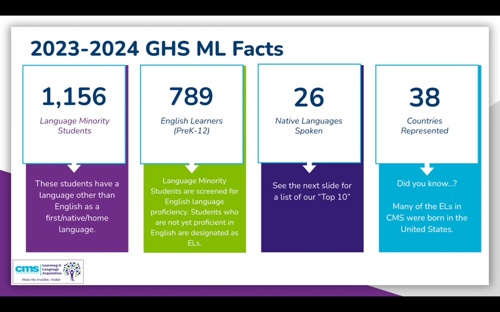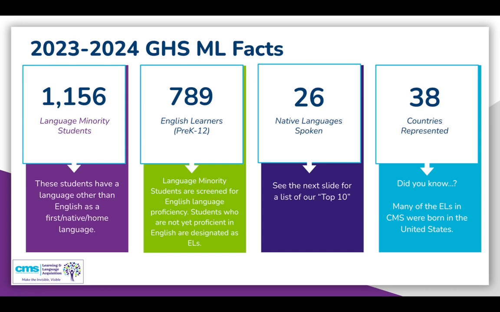So on the screen, you can see our current ML learner facts. We are steadily increasing our ML population. As of right now, we have 789 multilingual learners at Garinger, which does make up 42.5% of our population.